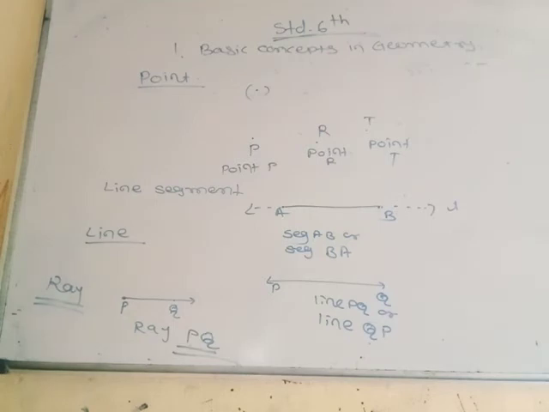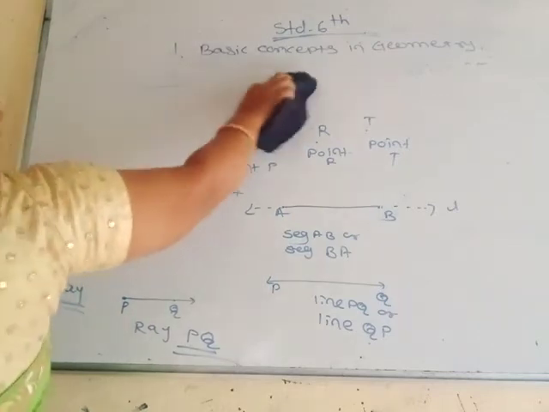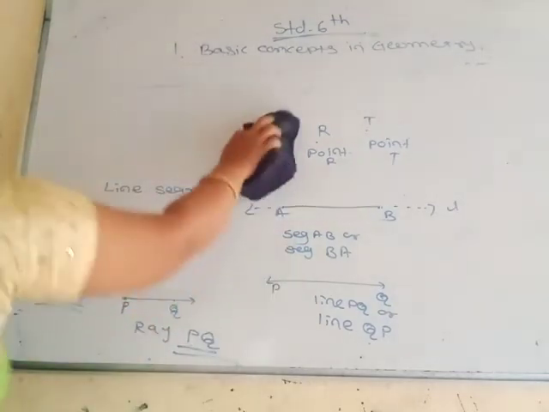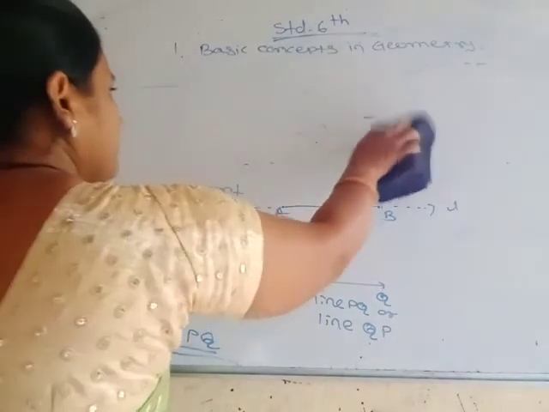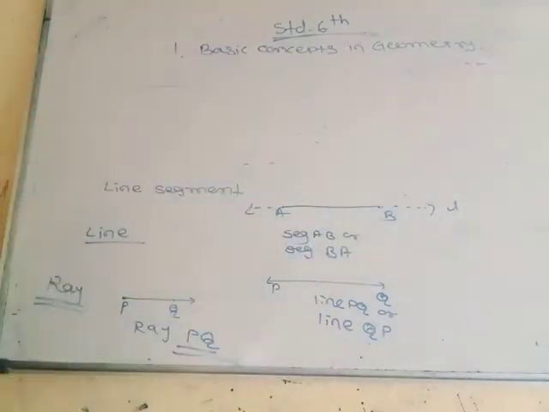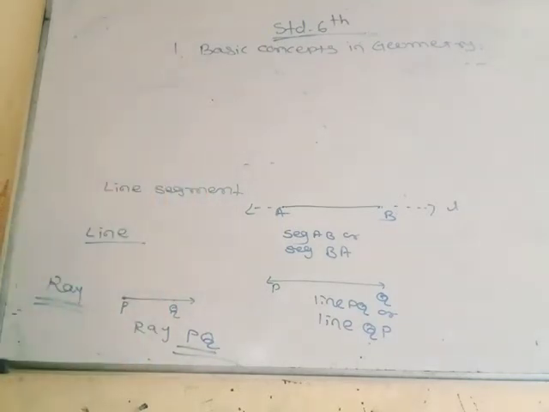Then the next concept is concurrent lines. Take one point P on the blackboard.